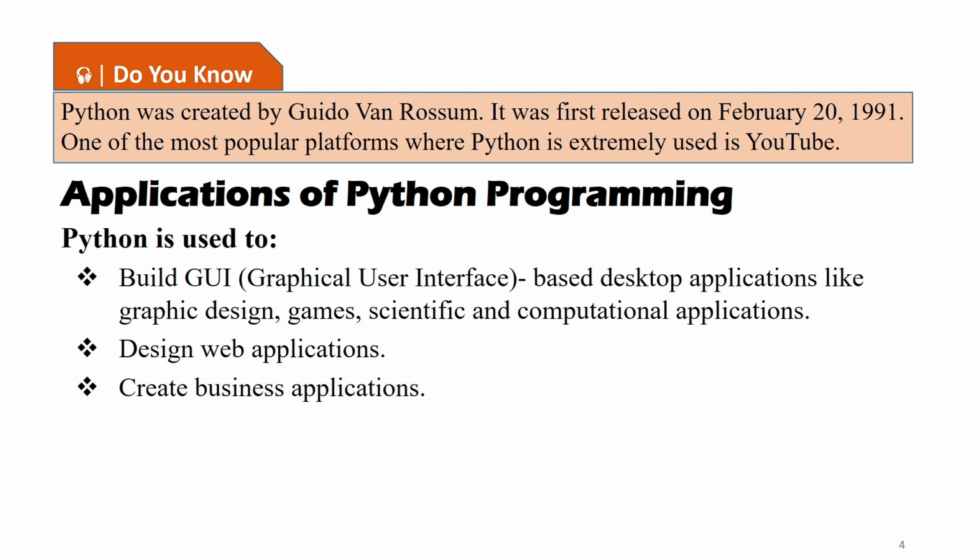Python is used to build GUI, that is graphical user interface based desktop applications like graphic designs, games, and scientific and computational applications. Next is designing web applications, meaning designing web pages. Along with the HTML language, we can also use Python for designing our web pages.